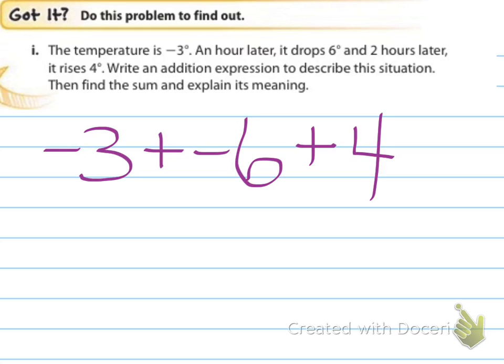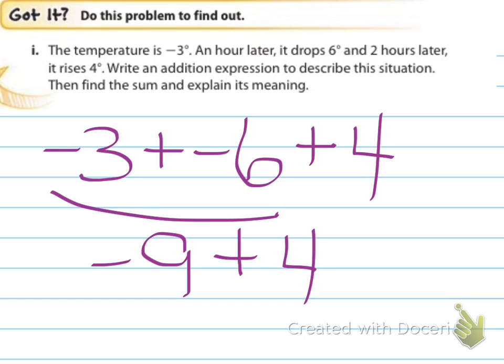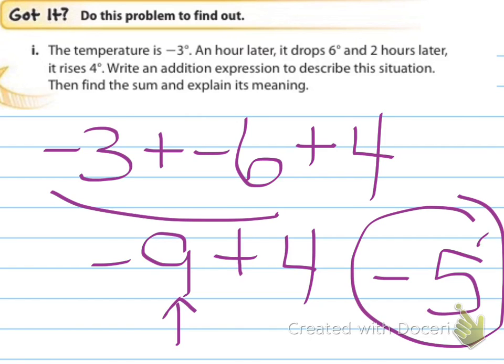So part A that we needed to figure out was writing the addition expression, which is this. Then we can find the sum by saying, okay, same signs, add and keep. So I add 3 and 6 and keep the negative sign. And then these are going to be different signs, so I subtract and take the sign of the higher absolute value, which is the 9. And so my answer is negative 5 degrees.